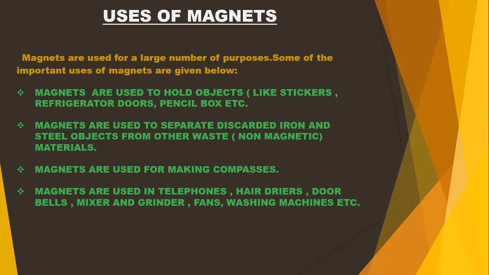So ultimately, we are coming to the conclusion by saying what the uses of magnets are. Even you can understand how important magnets are. The first uses are that they can be used to hold objects, and also to separate discarded iron and steel objects.